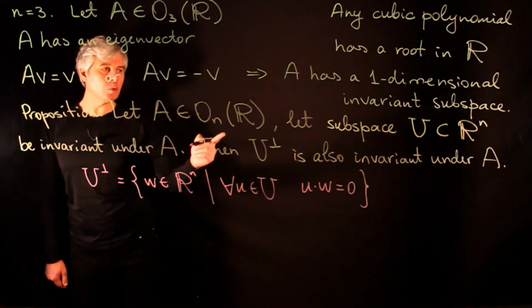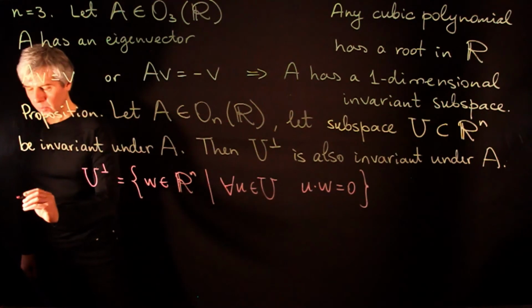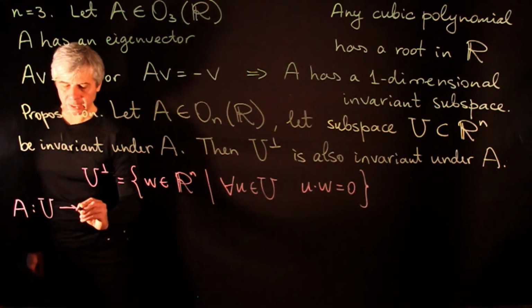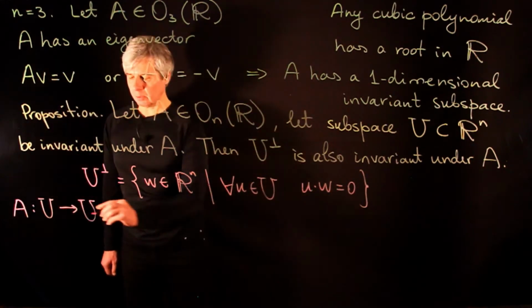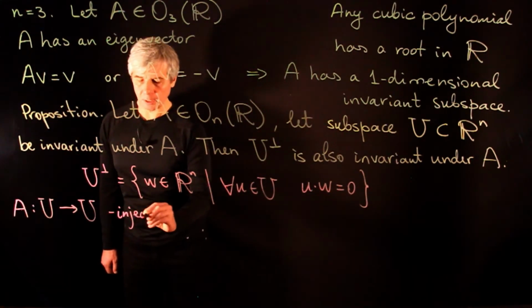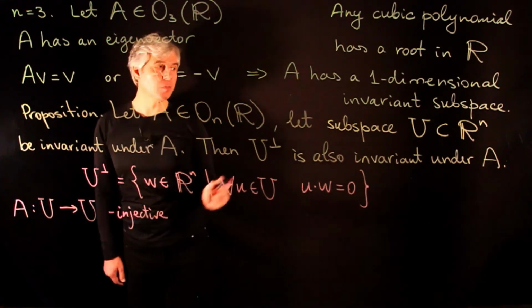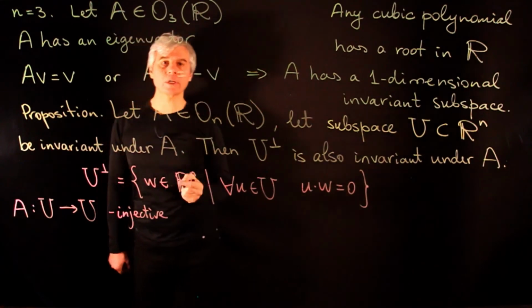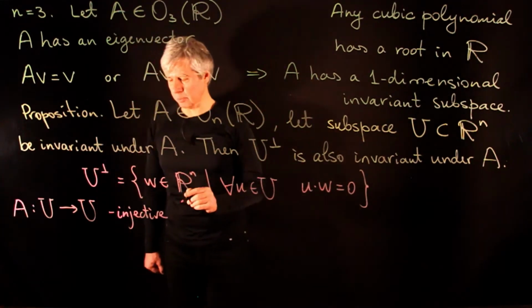Since U is invariant under A, we can view A as an operator on the subspace U. And we point out that this transformation is injective because A has no kernel in Rn. After all, every orthogonal transformation is invertible.